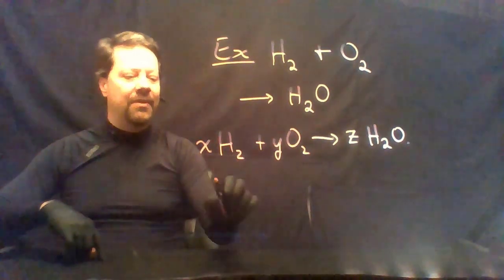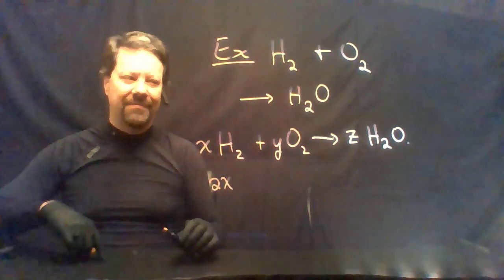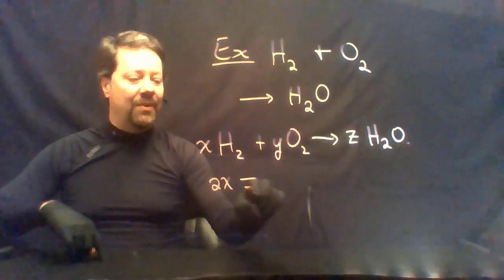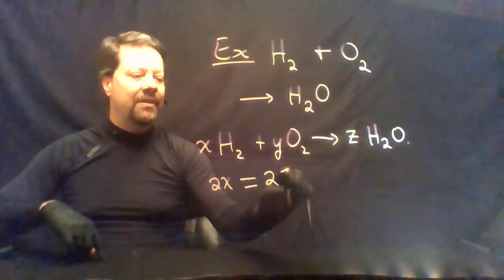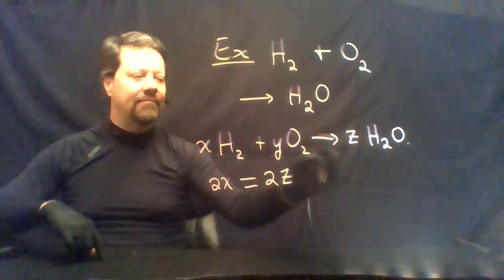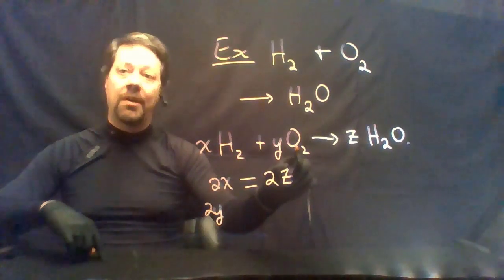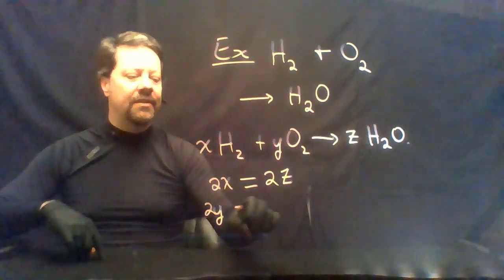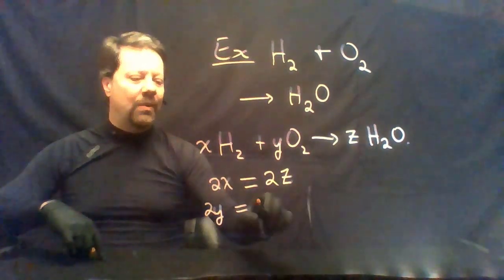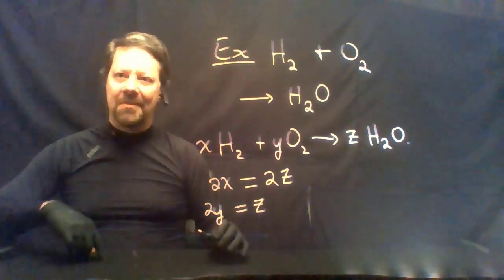Here we have 2X hydrogens. That's going to be equal to 2Z hydrogens on the other side of the equation. Also, Y times 2 oxygens appear on the left-hand side of the equation. That must equal Z oxygen atoms on the right-hand side.